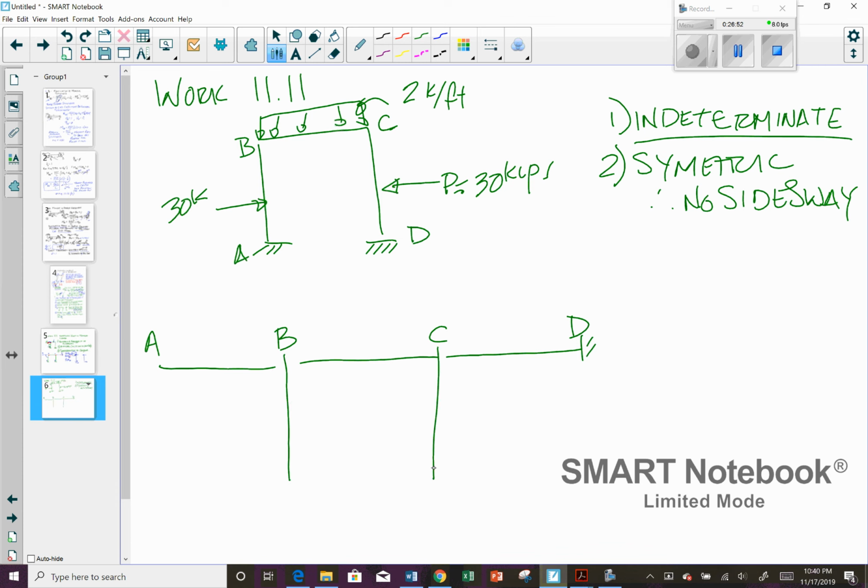So just analyze it like this, to get practice analyzing a frame with moment distribution.